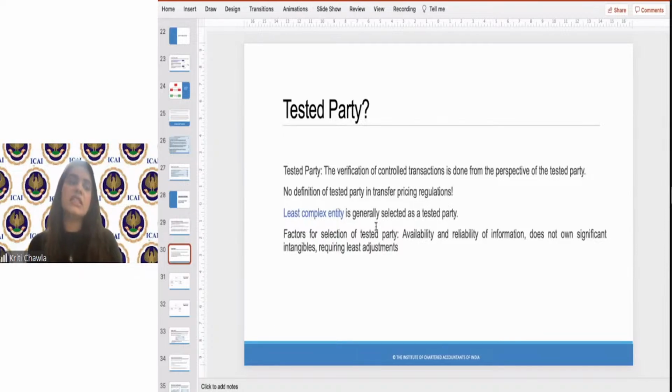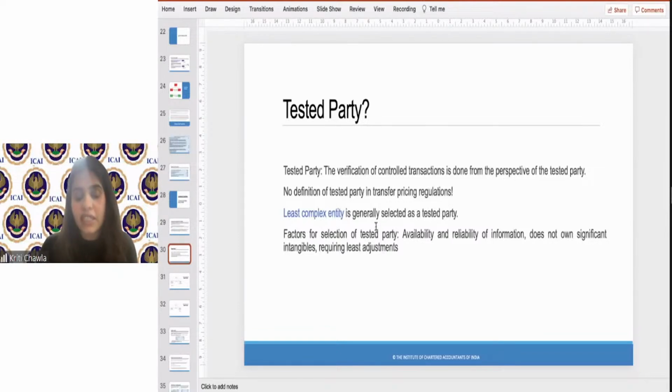So they basically say that the least complex entity is the one for which all the information is readily available, which does not own significant intangibles and which does not even require adjustment. So if I feel that I am able to have information readily available for the Indian entity, then I should make the Indian entity the tested party.